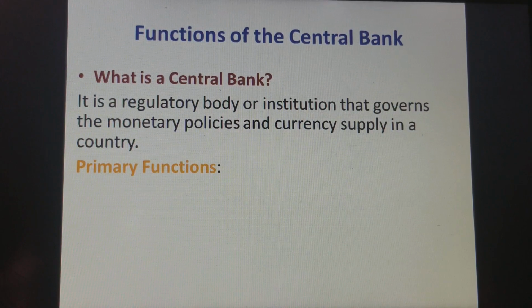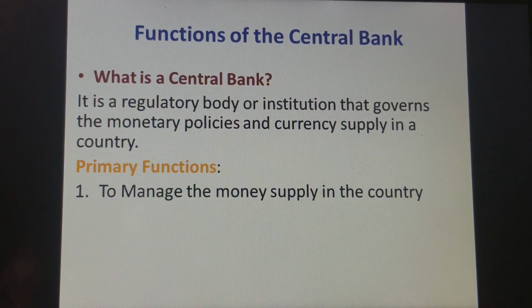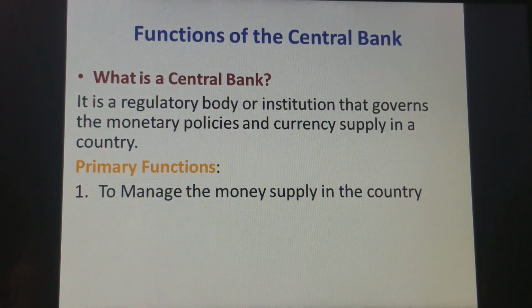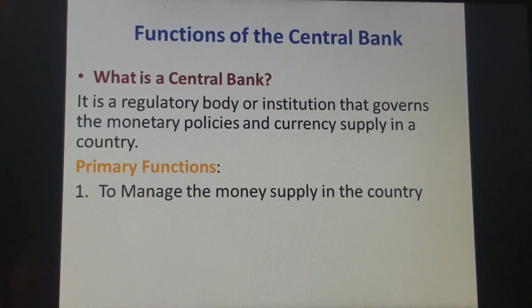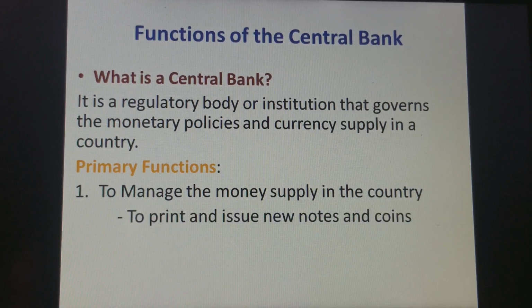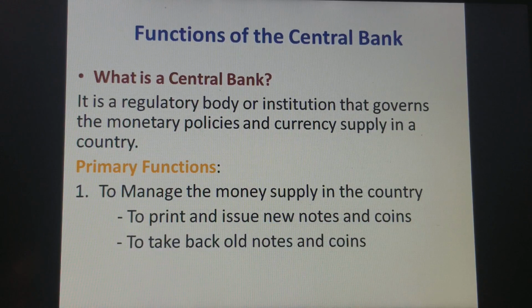Now, the primary function of the central bank is to manage the money supply in the country. That is to print and issue new notes and coins, as well as to take back old notes and coins.